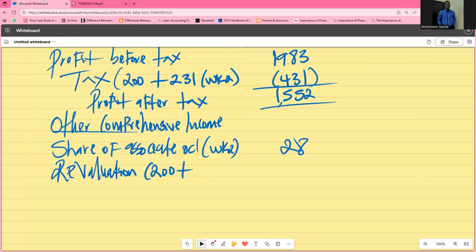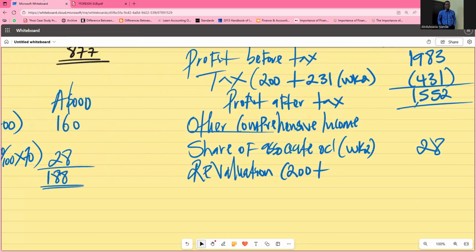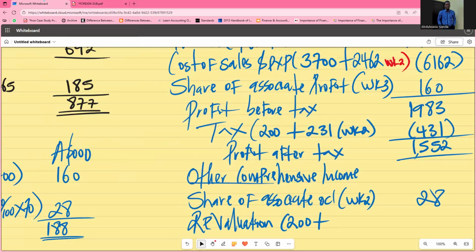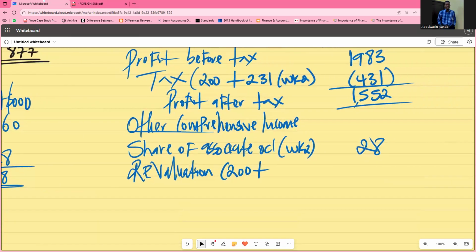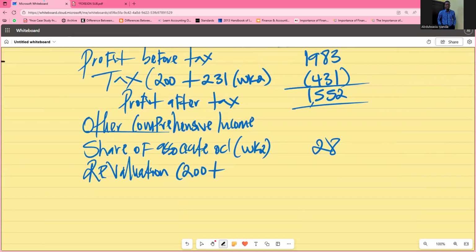You can see the subsidiary also has 185, which is coming from working two. So if we add this together, that should be 385.